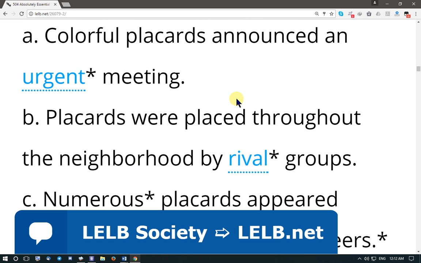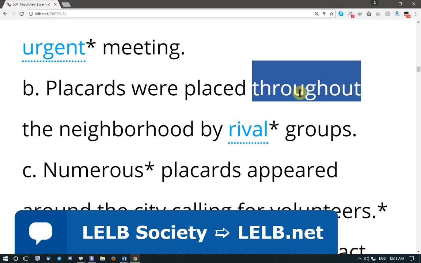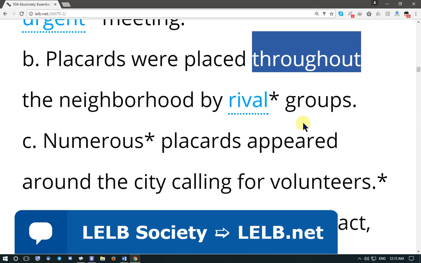Placards were placed throughout the neighborhood by rival groups. So they were against each other, they were opposing each other, so they were just holding some placards in opposition to each other. Throughout means across the neighborhood by rival groups, opposing groups, competitors.